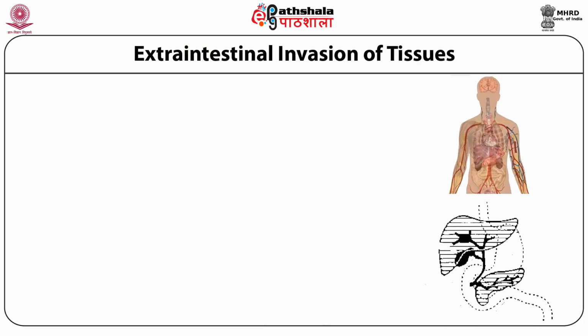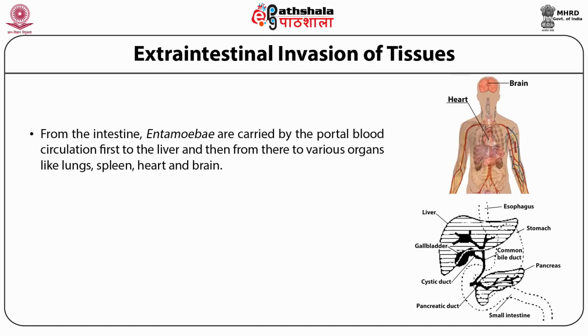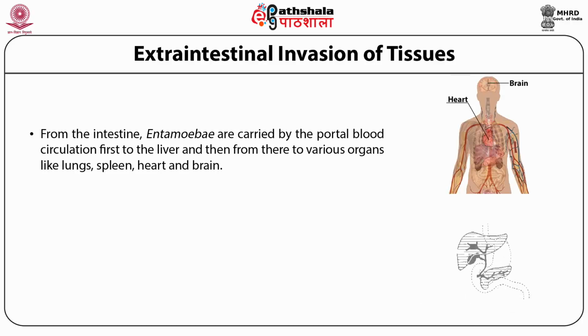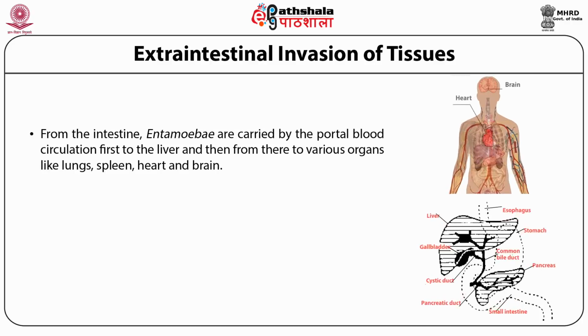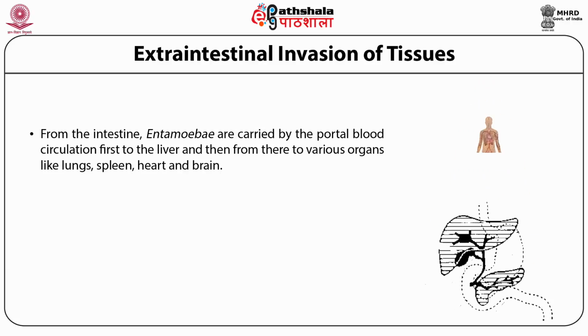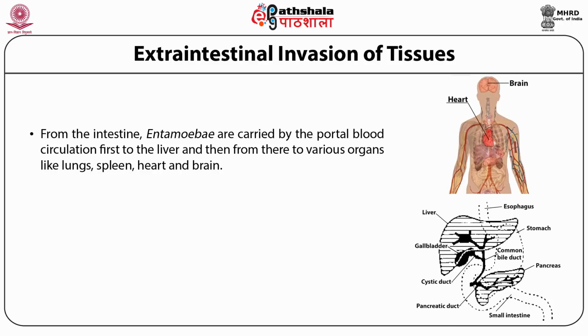Now we are going to do the extra-intestinal invasion of tissues, which is one of the factors. From the intestine, the Entamoeba are carried by the portal blood circulation first to the liver and then from there to the various organs like lungs, spleen, heart and brain.